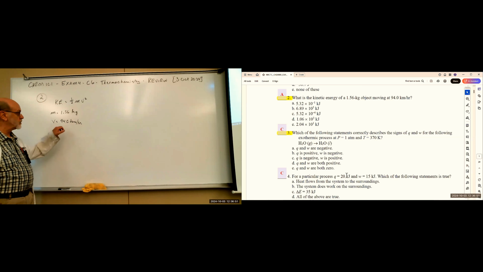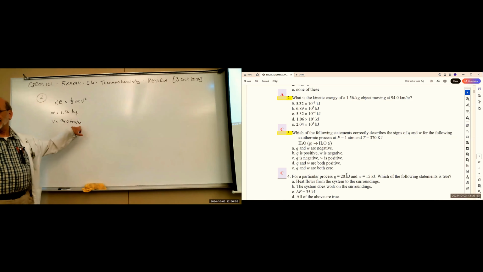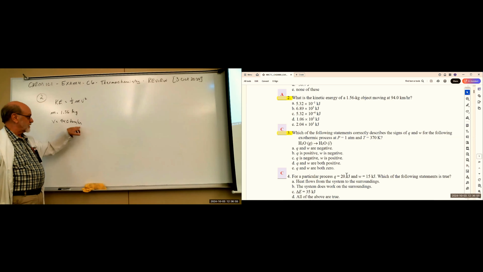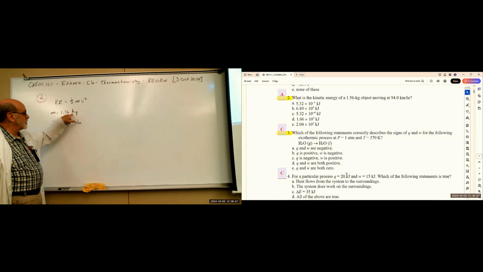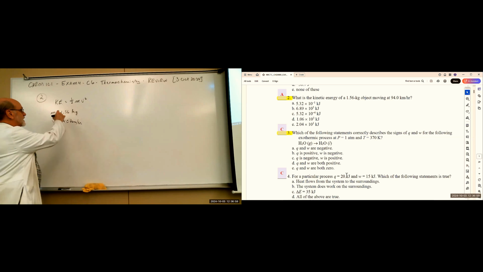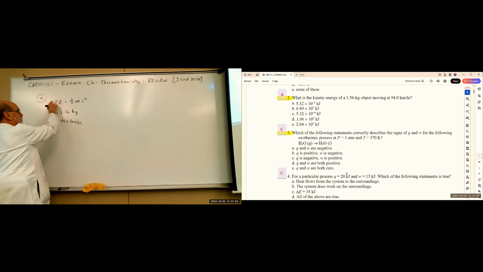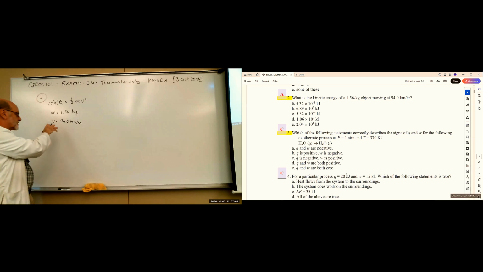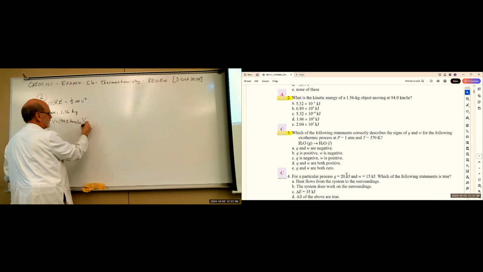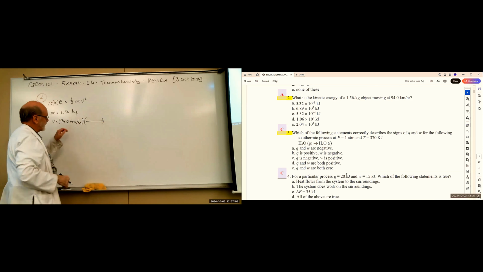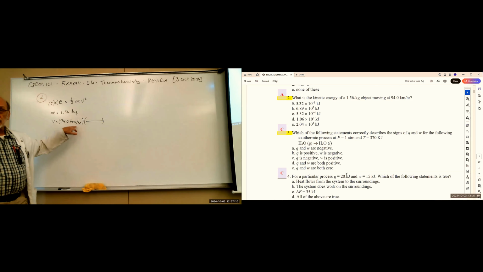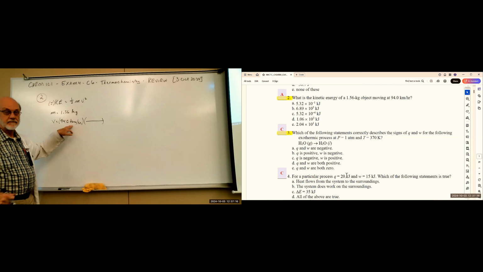SI units would be meters per second. So this has to be meters per second, kilograms here, in order for this to give you units of joules. So we need a unit conversion here. Remember when you have 2 or more units in the converted unit, do one at a time.